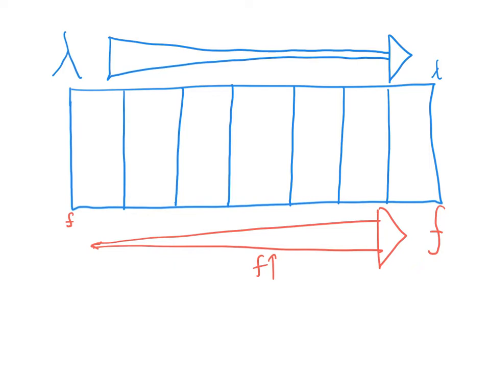So starting on the left hand side, the type of radiation that has very long wavelengths and tiny frequencies is radio waves. So I'm going to use the abbreviation RW for radio waves.